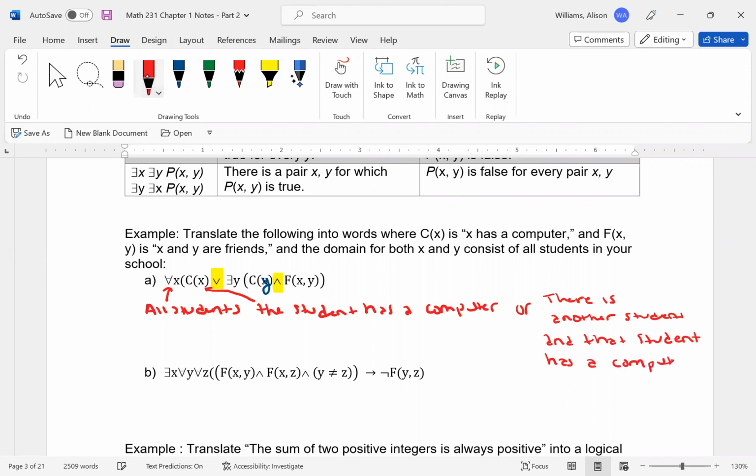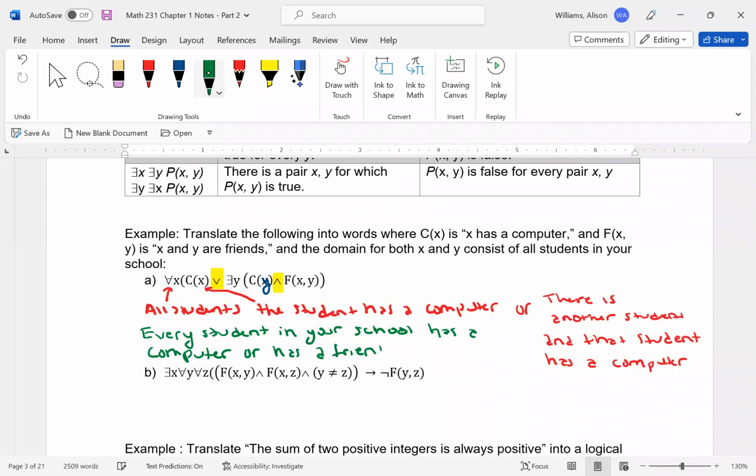I'm not going to leave the translation like this. I'm going to clean it up. Just highlighting everything that we're seeing here. So here's what this really says to us. Every student at the school, so every student in your school, has a computer, or has a friend with a computer.